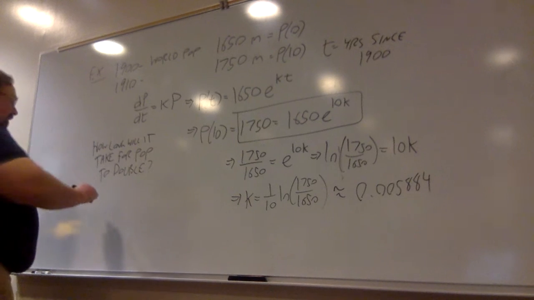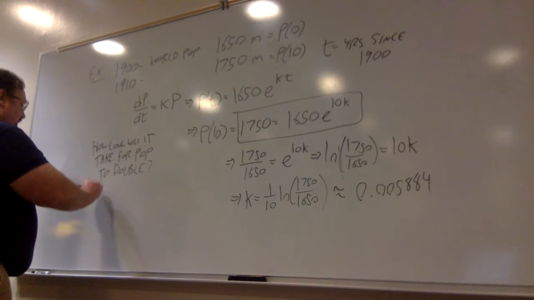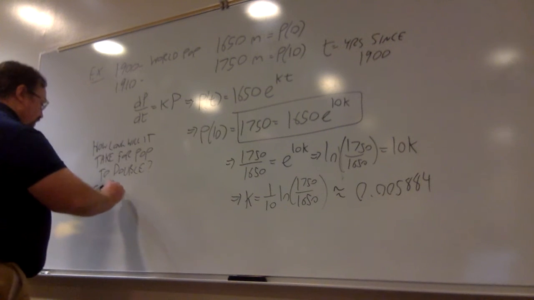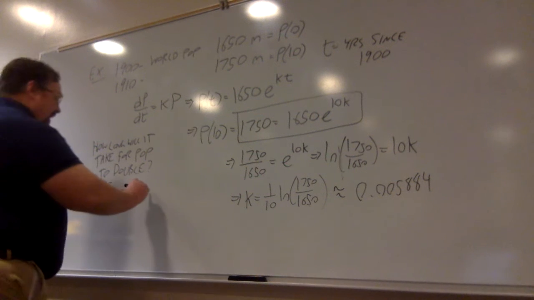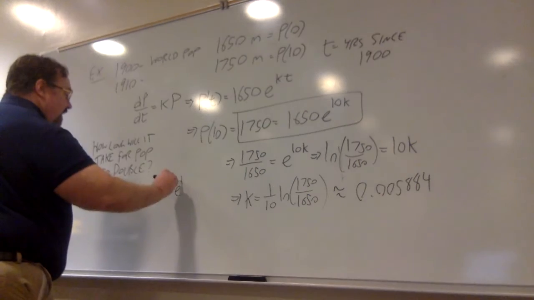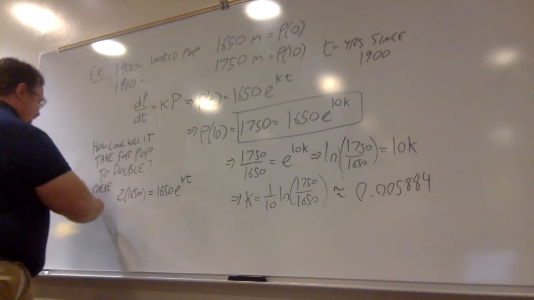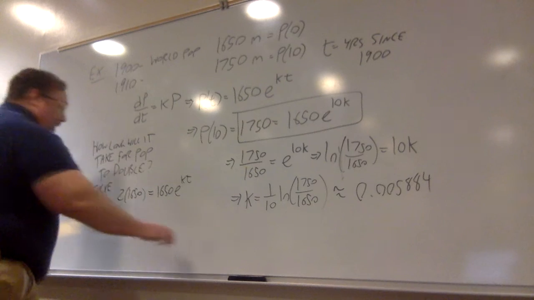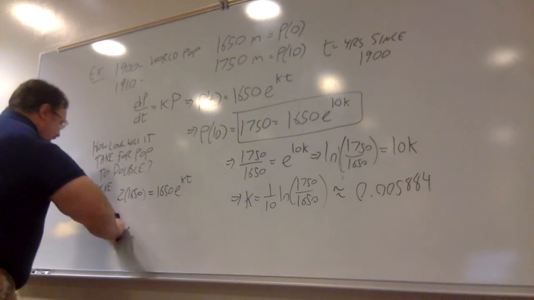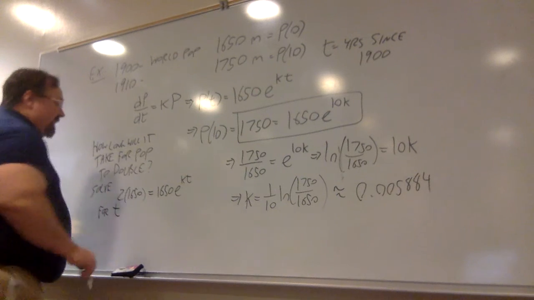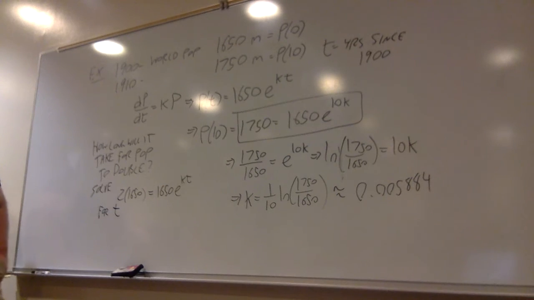So in other words, you want to solve this equation: twice 1650, so double the population, equals the solution formula 1650 e to the kt. Not for k, we know what k is, sorry. We're going to solve for t in this case.